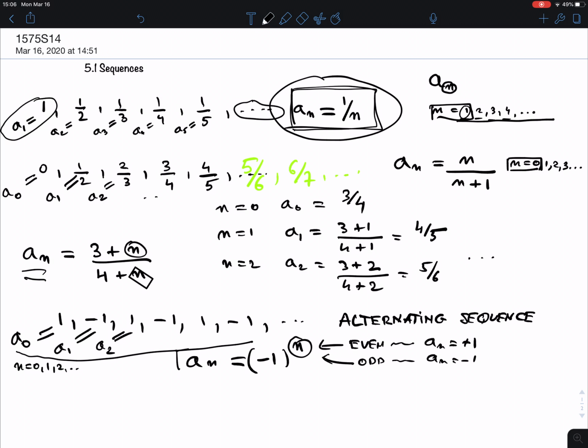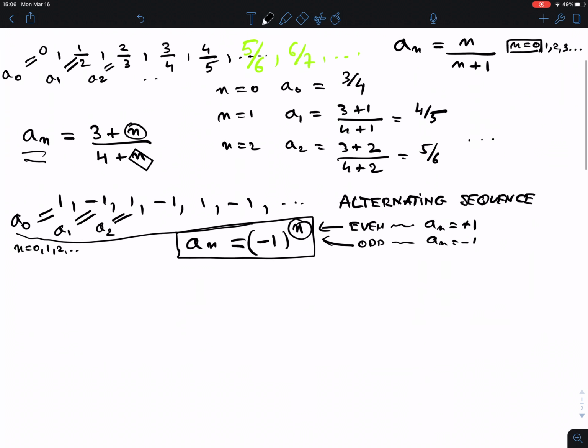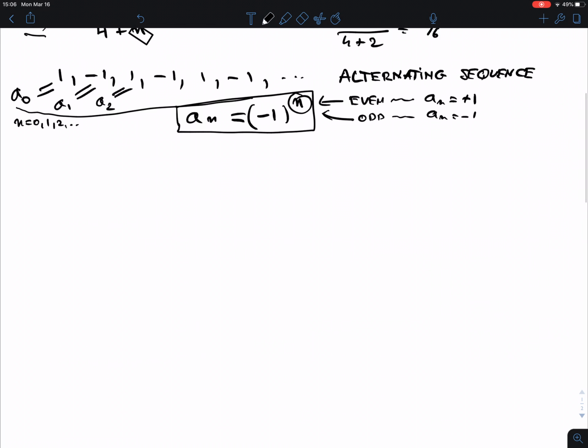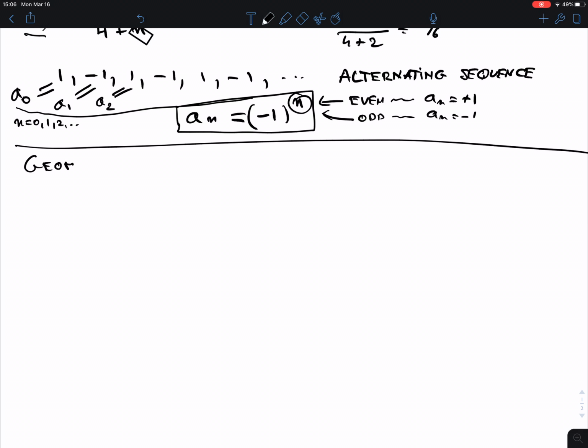So remember this formula, that's going to be very useful later on when we talk about sequences and series. Okay, so these are the alternating sequences. There's another sequence that we will talk about in a while, but I want to already tell you about it. It's the so-called geometric sequence. But we'll come back to this, so don't stress too much about it yet.